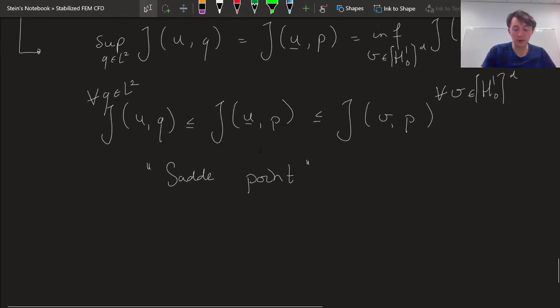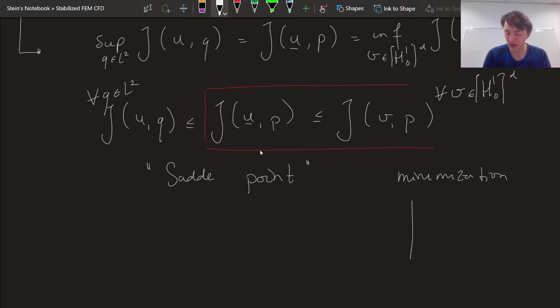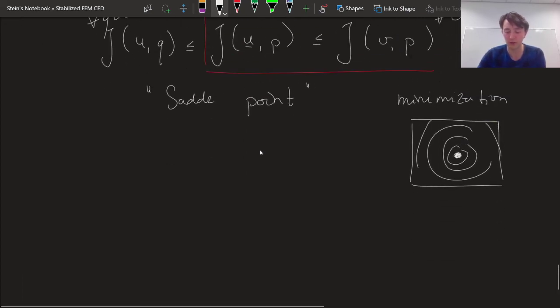If we compare that to typical minimization problems, then you're only looking at one side of the statement. For a standard minimization problem, if I try to draw this in 2D, you would have some potential that depends on two variables, with a certain minimum at some point, and then it grows outwards. So you're searching for that minimum point.